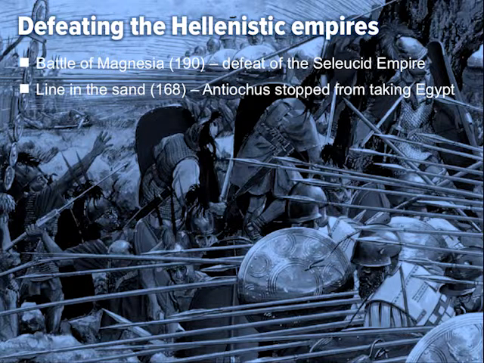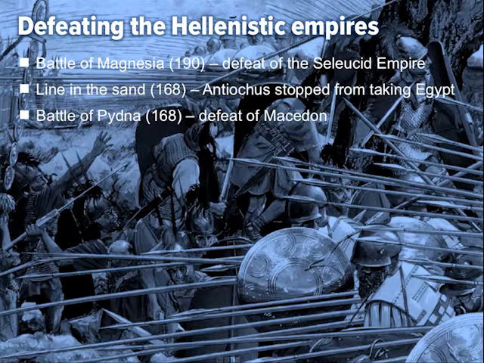This is essentially the end of any kind of threat of potency from the Seleucid Empire. And in the same year, this is reinforced by the Battle of Pydna, in which the Roman legions defeat Macedon and carve it into pieces, which become Roman provinces.